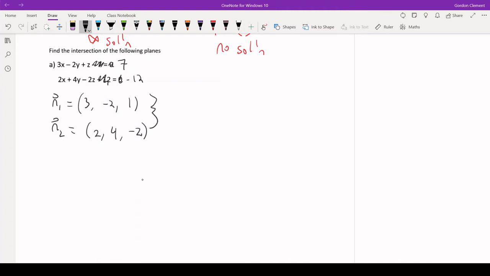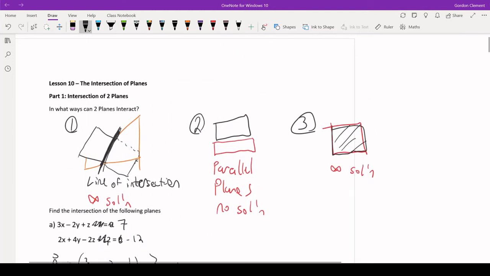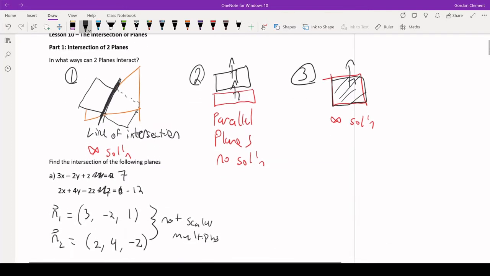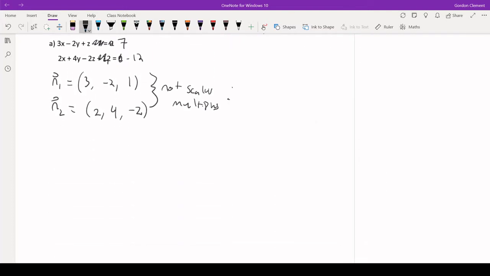Now, they'd be heading in the same direction if they're parallel. Obviously, if it's the same plane, they'd be heading in the same direction. So as soon as we see that the normal vectors aren't scalar multiples, that the normal vectors are not heading in the same direction, we know that our answer for two planes is going to be a line of intersection.